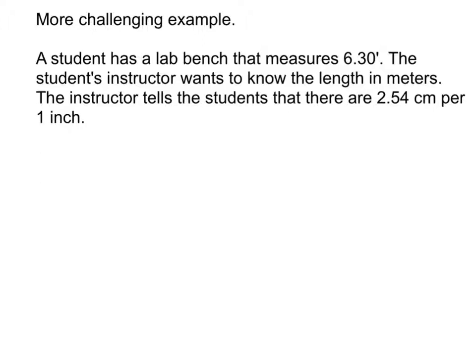So we have a couple of equivalences here. We're given feet, so we already know that 1 foot equals 12 inches. We are also given the equivalence between inches and centimeters. So 2.54 centimeters per inch means that 1 inch equals 2.54 centimeters.